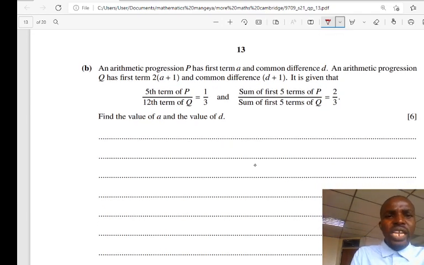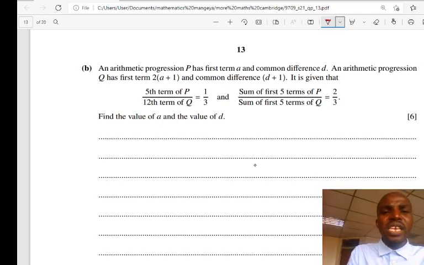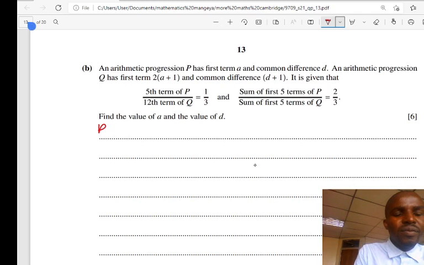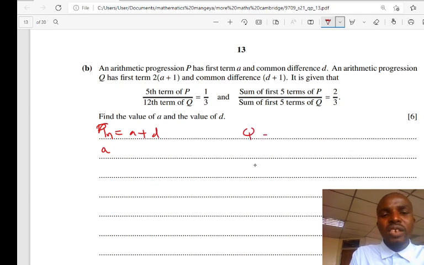Right, what you do here, first thing first, it's an arithmetic progression. P has first term a and common difference d, which means the nth term here is a plus d. Then another arithmetic progression Q, first term is 2a plus 2, removing the bracket there.